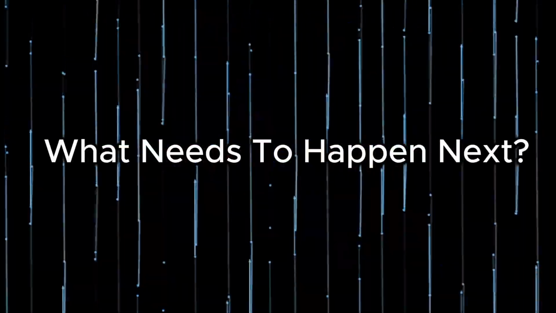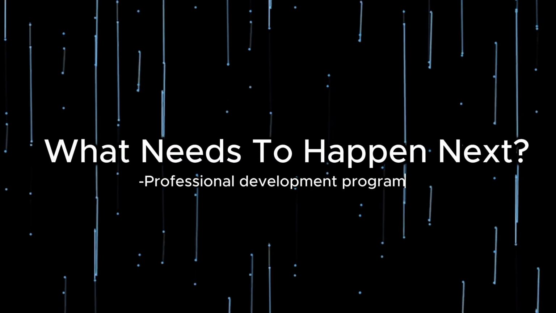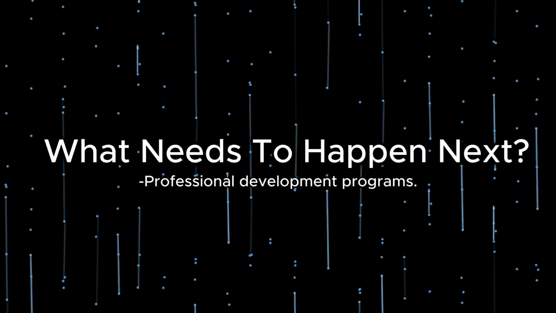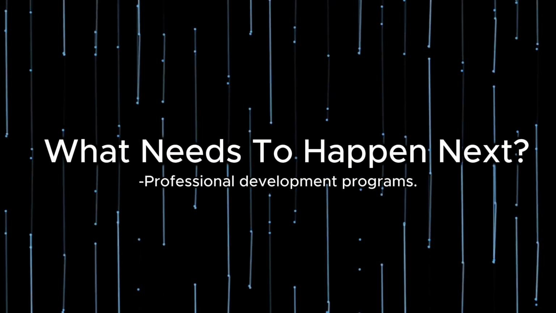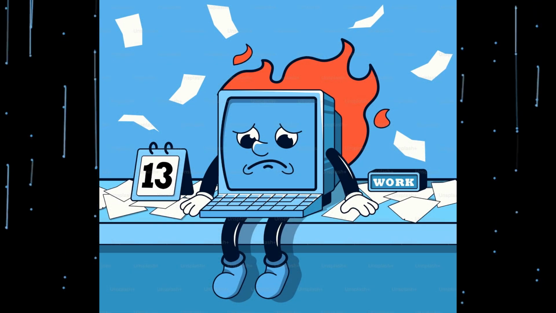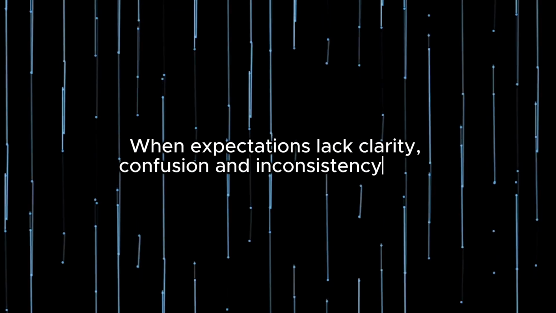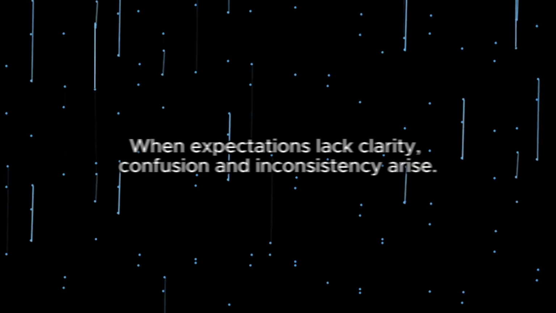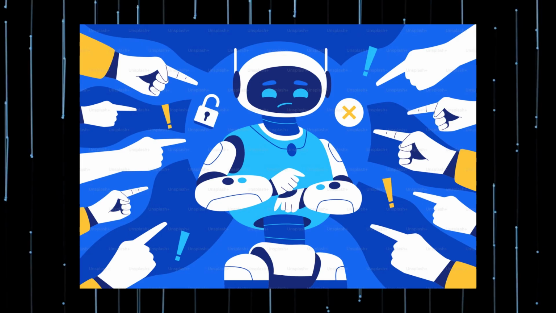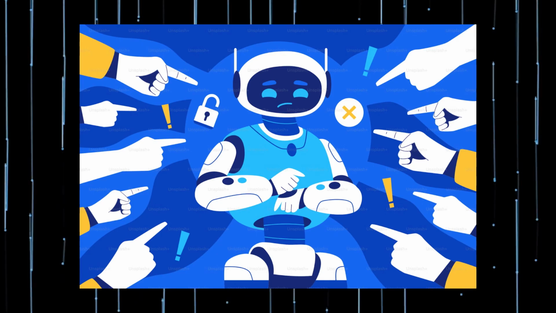Educational institutions need to implement professional development programs alongside their AI policies to educate teachers about AI functionalities and limitations, while showing them how to incorporate AI effectively into their curriculum. When expectations lack clarity, confusion and inconsistency arise. Shared comprehension between schools and universities ensures AI becomes an ethical and effective learning support tool.